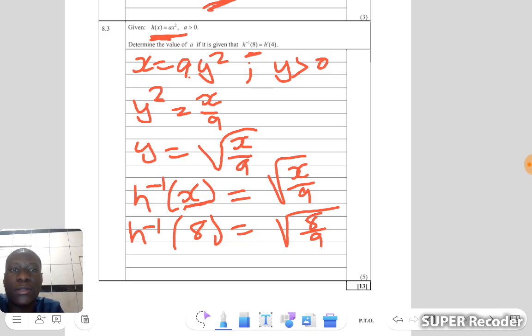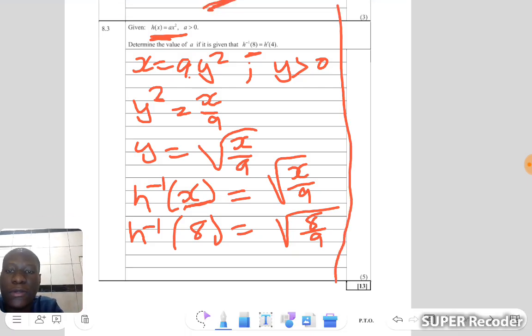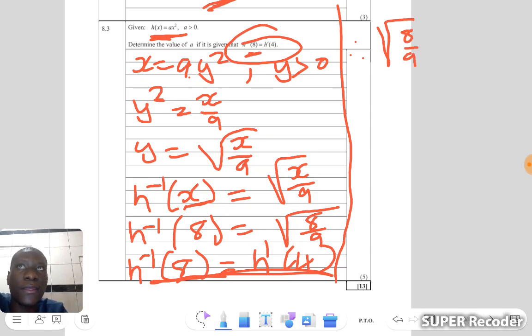Okay, let's move on. We also have h of negative 1 8 equals h of 4. This is what we're given right here. So when we continue, we say therefore the square root of 8 over a equals 8a. You see where we are going.